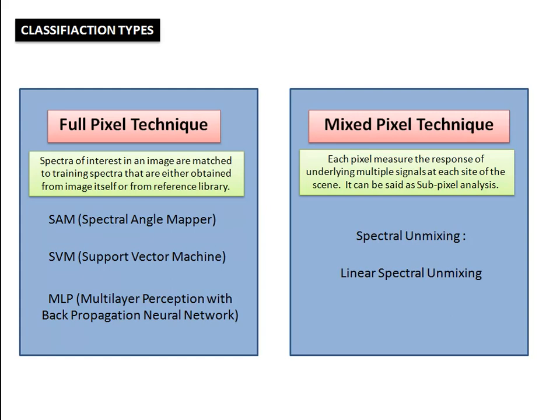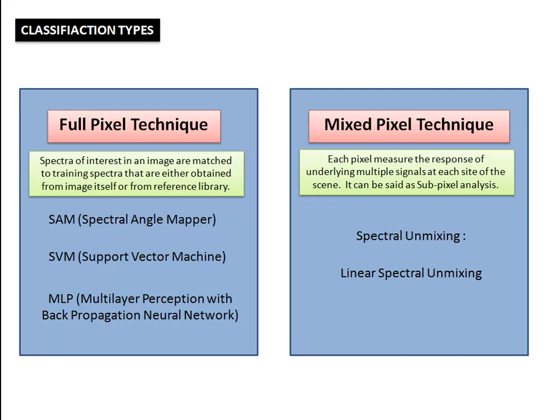From the radio spectrometer, we can get the spectral library or the spectra of any feature, and that reference spectra can be matched with the image spectra, and then the image can be classified to get the thematic information about the feature.